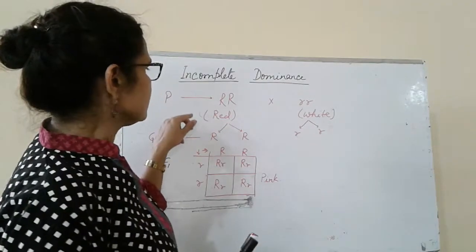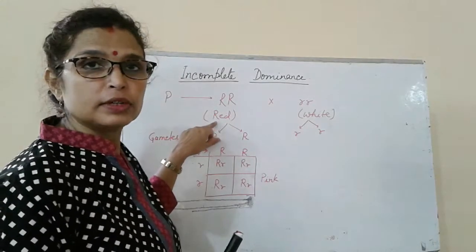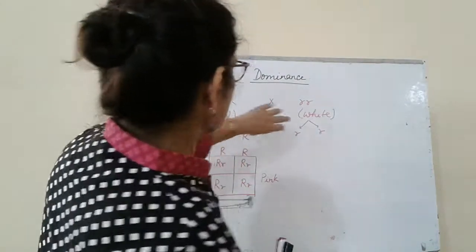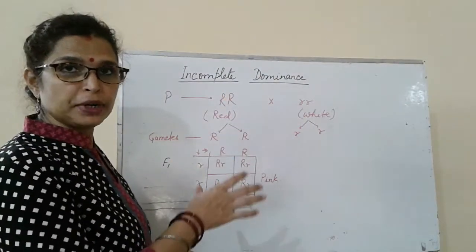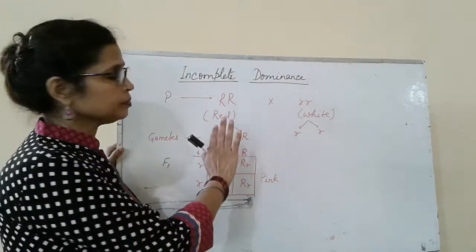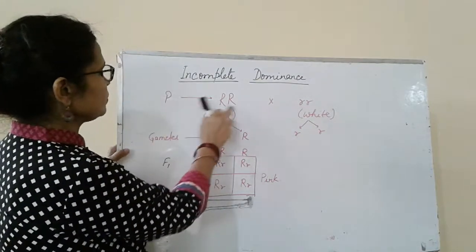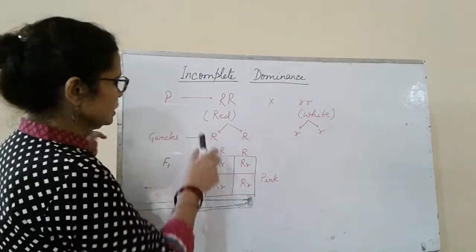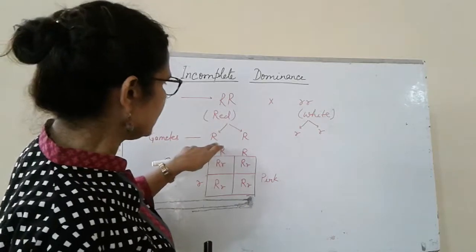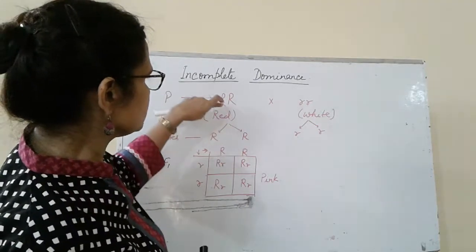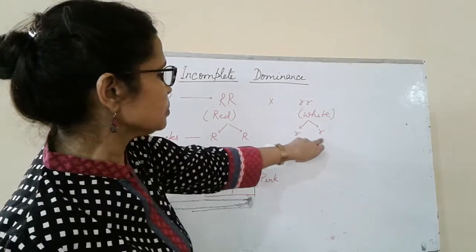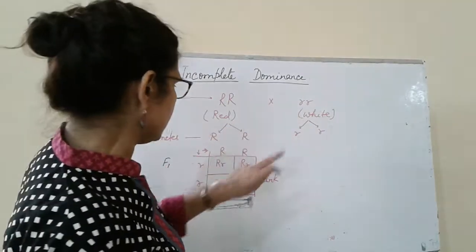So let's take the example of Antirrhinum or snapdragon. In snapdragon, the red colored flower is crossed with the white colored flower, and this cross is according to the Mendelian pattern. We start with this pure line. These plants were taken as parent plants. The gametes are produced by these plants. Here the capital R gamete is produced by the red colored plant, and the small r is produced by this white colored plant.